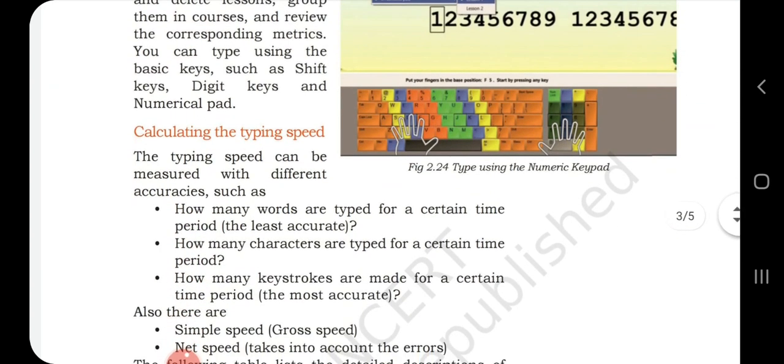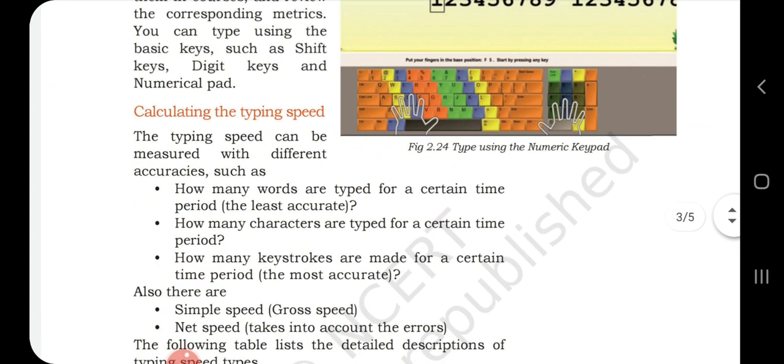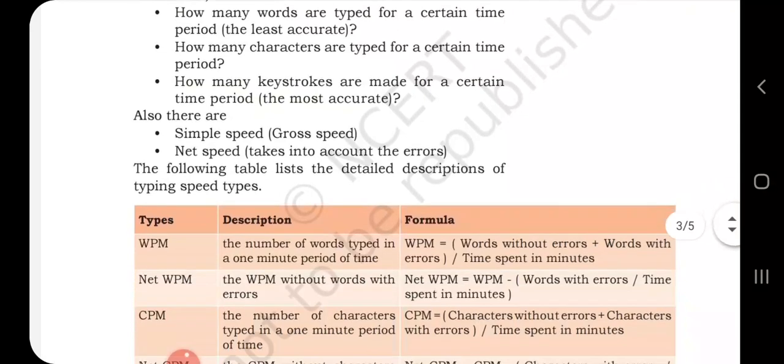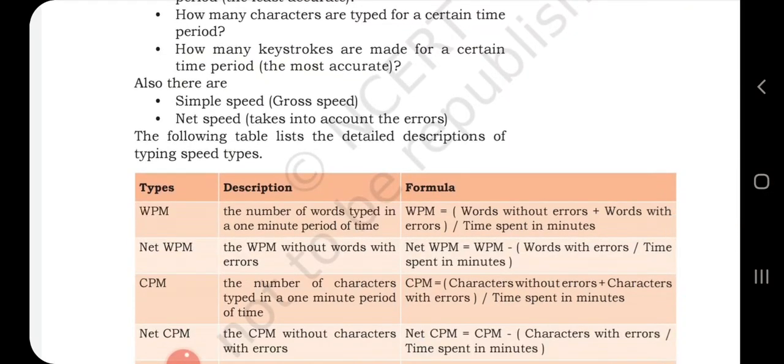Next topic is calculating the typing speed. Simple speed means gross speed, and the net speed takes into account the errors. The following table shows the typing speed types.